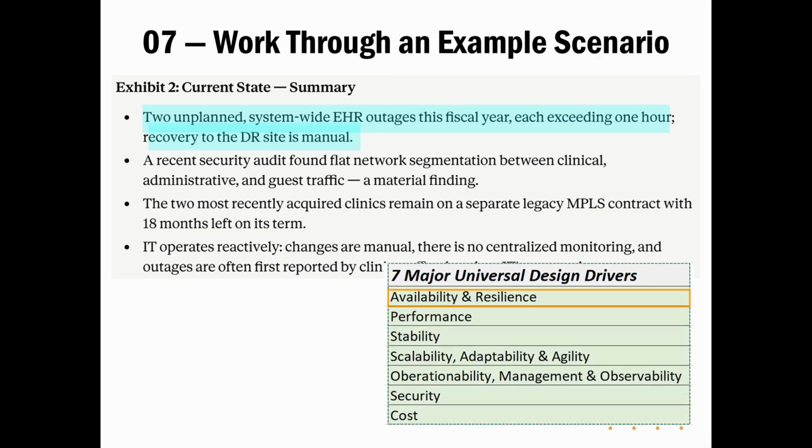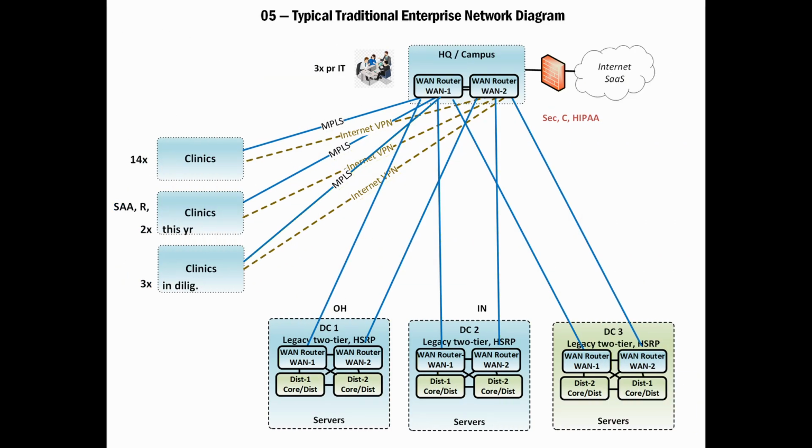This problem relates to the design driver of availability and resilience, as this design driver addresses service failures. Let's extract information and update our diagram. Here we use A and R to represent availability and resilience, and use R to represent requirement. 2 outages, 1 hour plus, disaster recovery by manual.